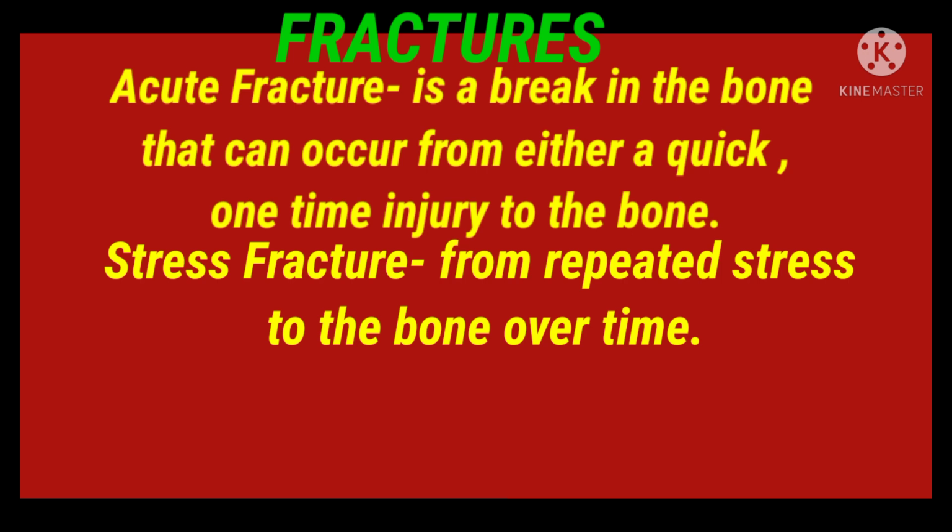Fracture. Acute fracture is a break in the bone that can occur from a quick one-time injury to the bone. Stress fracture comes from repeated stress to the bone over time. RICE method. In short, RICE is a mnemonic acronym for four elements of treatment for soft tissue injuries: rest, ice, compression, and elevation.